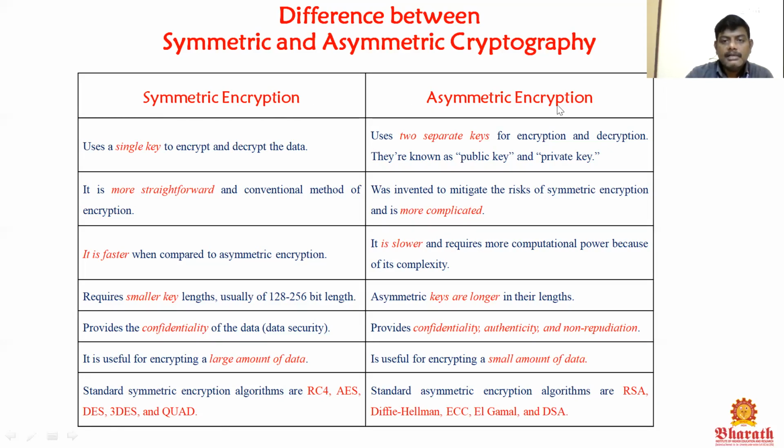What about asymmetric cryptography? We have used RSA, a very famous algorithm, then Diffie-Hellman, ECC, ElGamal, and DSA. These are the mostly used algorithms in asymmetric cryptography or asymmetric encryption.